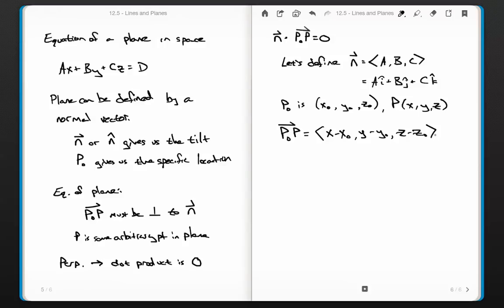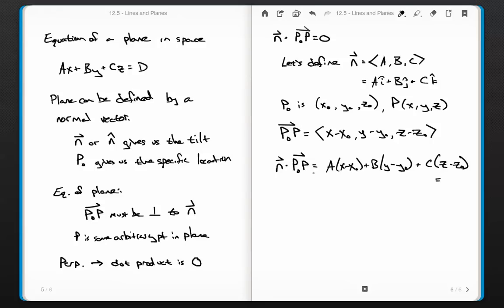Okay, so now the dot product becomes pretty easy, right? It's just the scalar product of each of the individual components. So n dotted with P0 P has got to equal a times x minus x0 plus b times y minus y0 plus c times z minus z0. And what does that have to equal?